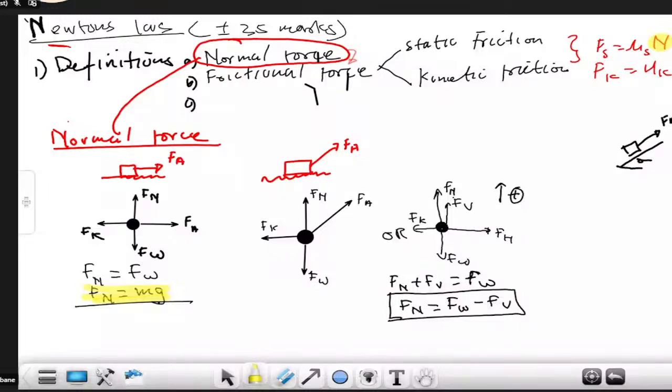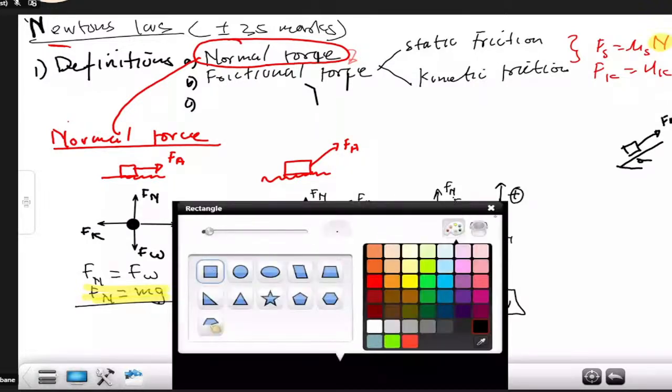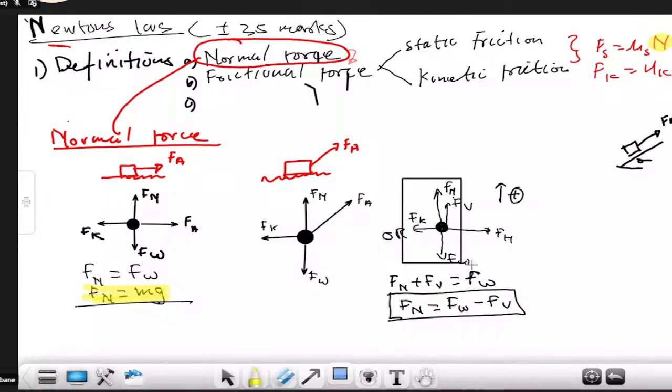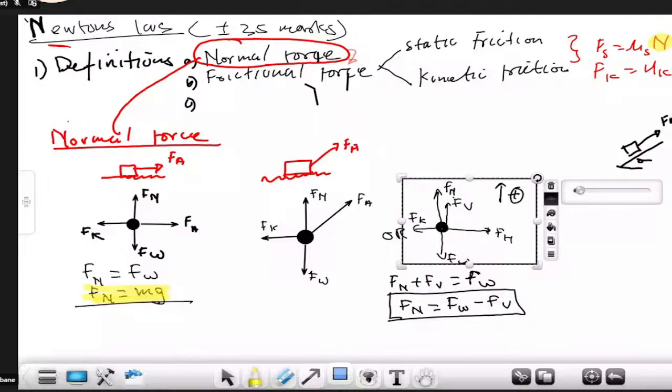But I must highlight that this is only for the purpose of calculation. We do not want to see a free body diagram with the components in an exam.